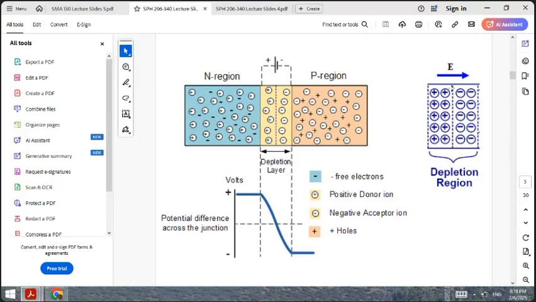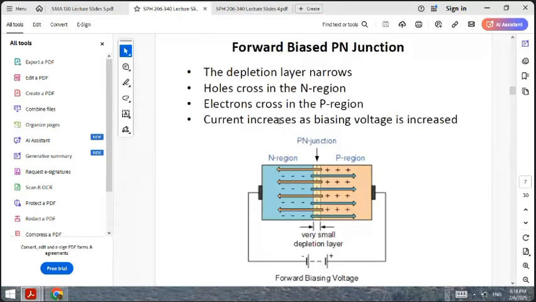So we can also have a situation where we connect. When you look at this, we have not connected any external source of voltage. So we say this PN junction is unbiased.